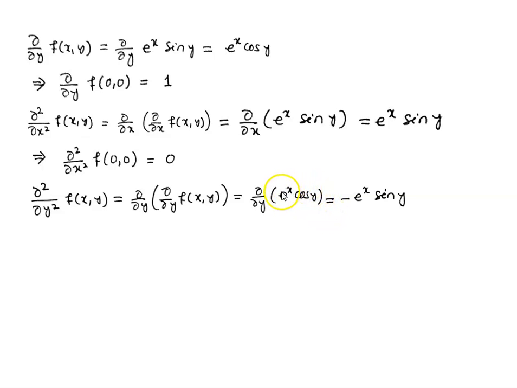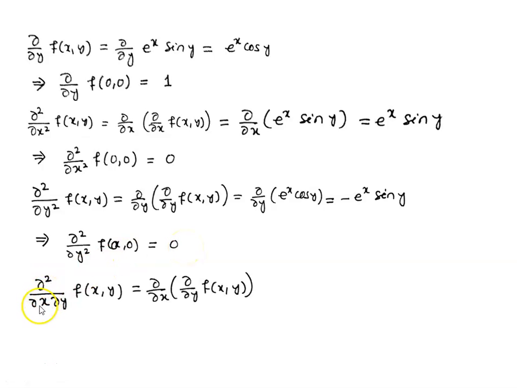Now the partial derivative of e^x cos y with respect to y is minus e^x sin y, because e^x is taken as it is, since x is treated as a constant, and the derivative of cos y is minus sin y. Now at the point (0, 0), this partial derivative becomes 0, because by replacing x and y by 0, 0, we have 0.